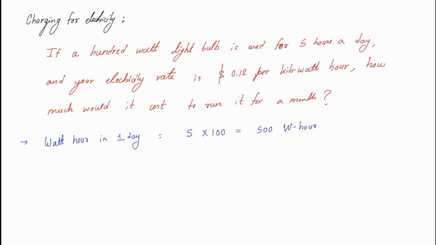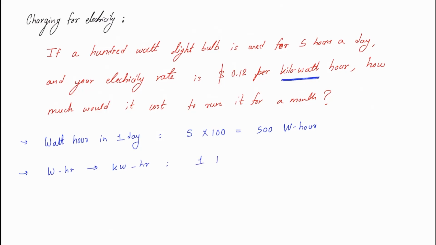Now we need to convert this watt hour to kilowatt hour, because that is what we know. We know it's going to be $0.12 per kilowatt hour, so eventually you will be multiplying 0.12 by however many kilowatt hours we have. So it is really nice if we convert this watt hour to kilowatt hour right now.